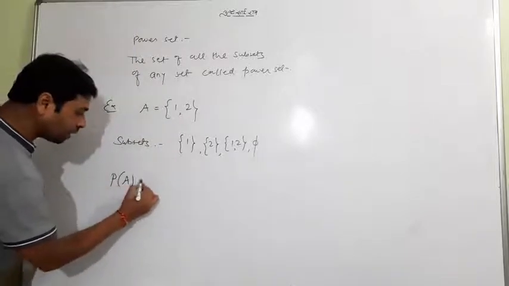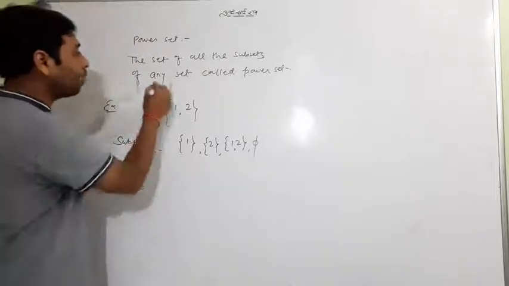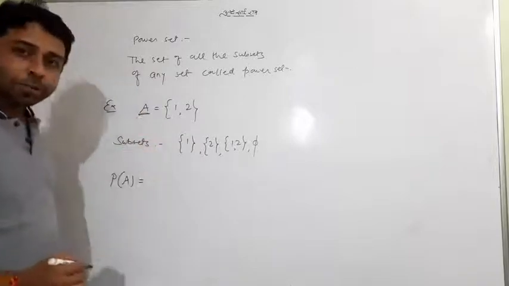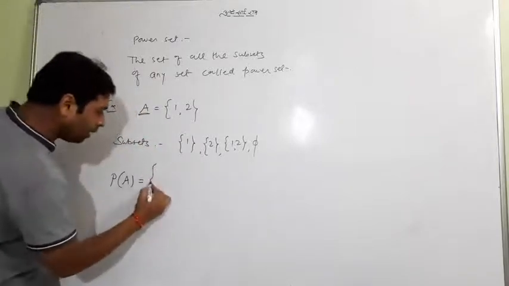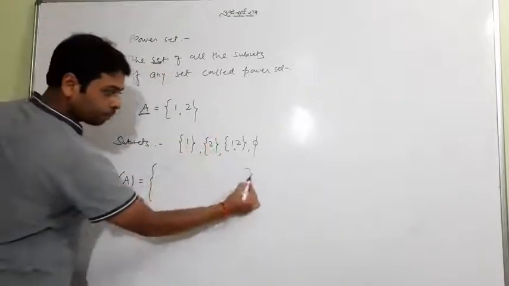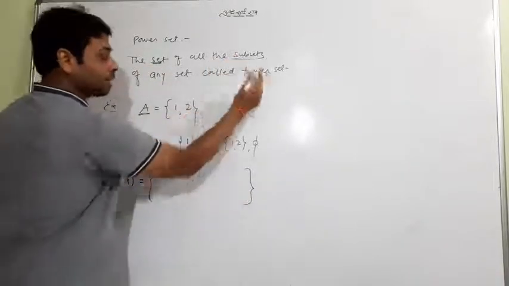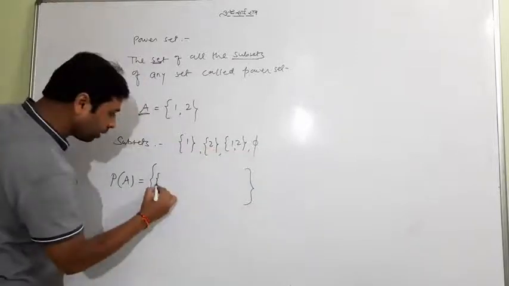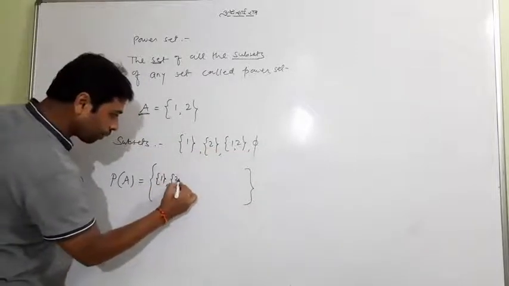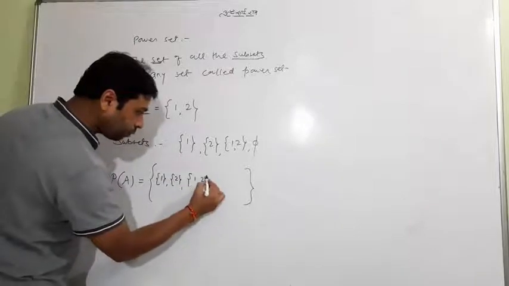So the power set is denoted by P(A). A is a set, and P(A) means we are creating the power set for A, which is only the set of all the subsets. Now these are elements. This is very important, a vital thing I'm telling you.